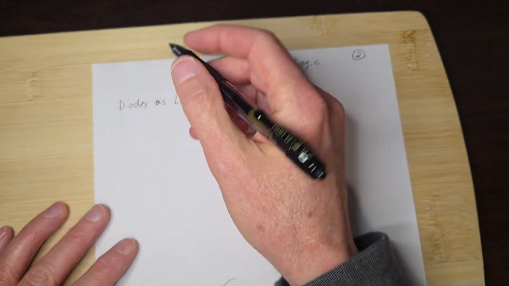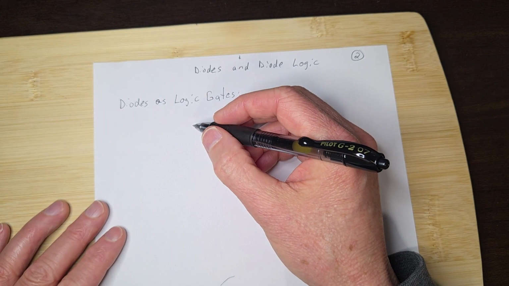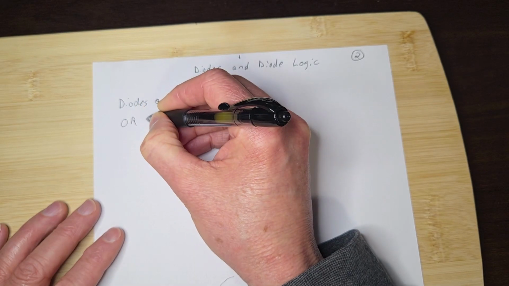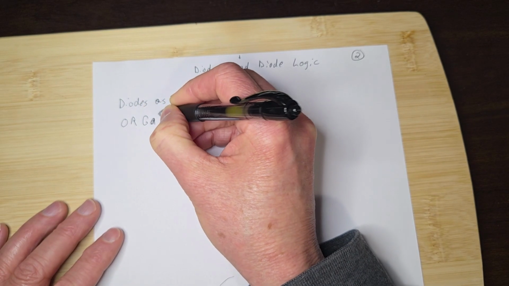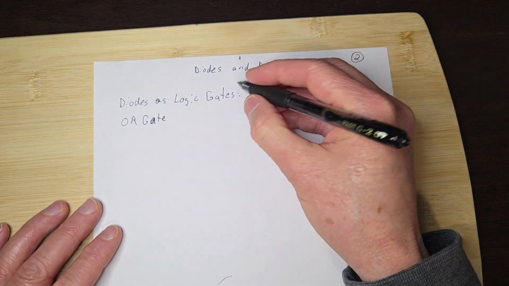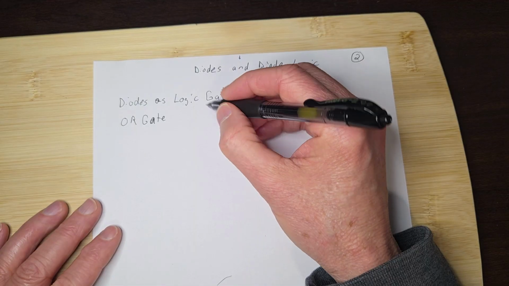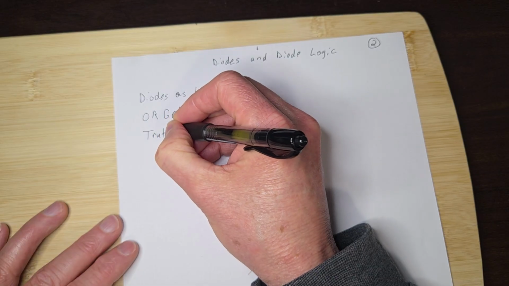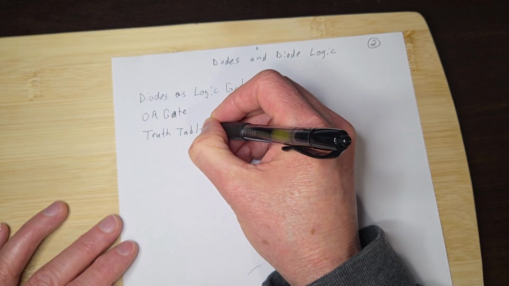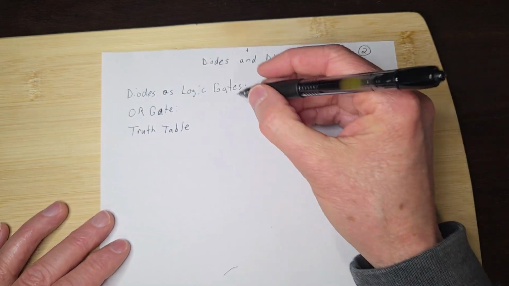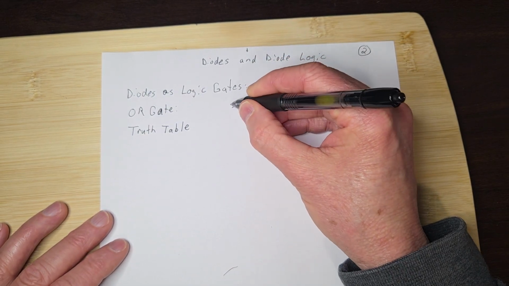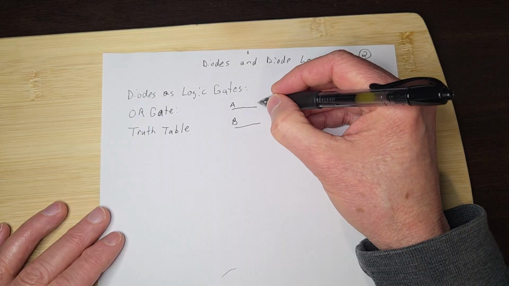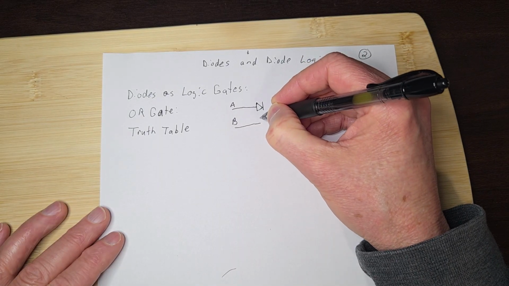So really, we'll go over one concept. Let's create an OR gate. This is digital electronics, where we have binary as 0s and 1s, so we can create a truth table. What's great about truth tables is, let's say I have 2 inputs. Let's draw input A, input B, and we have a diode here and one here.